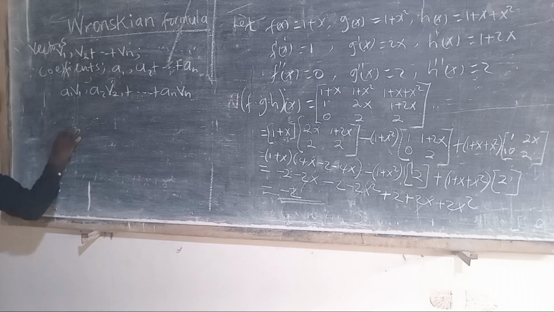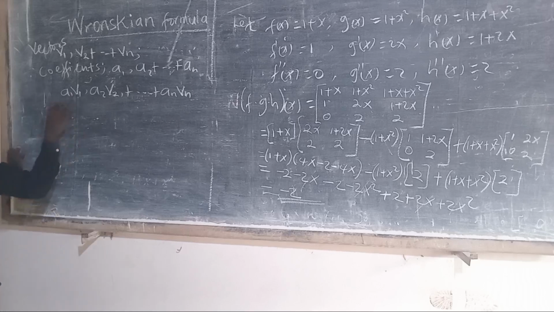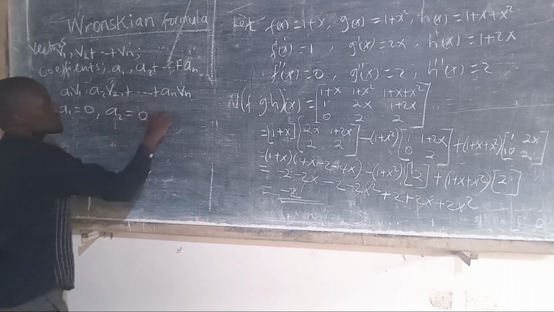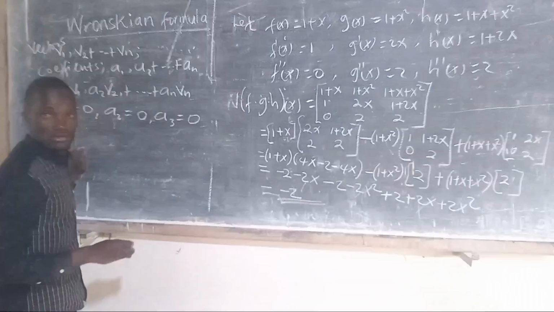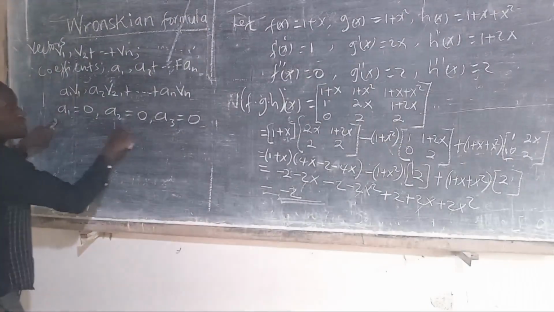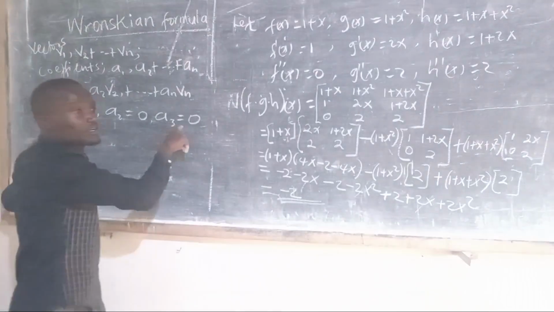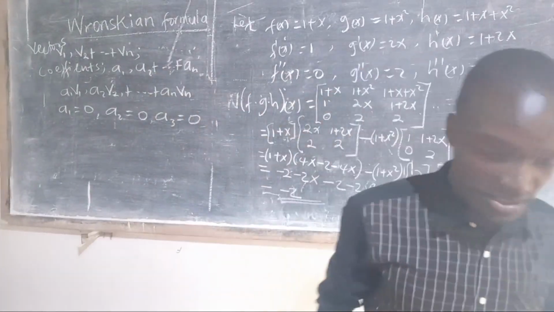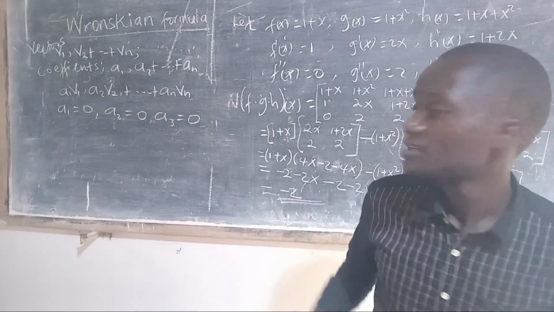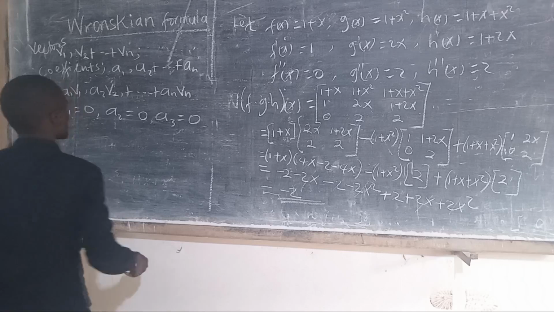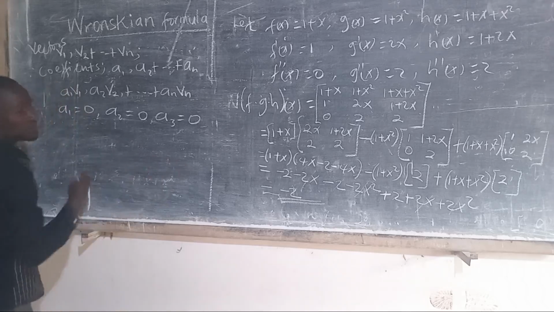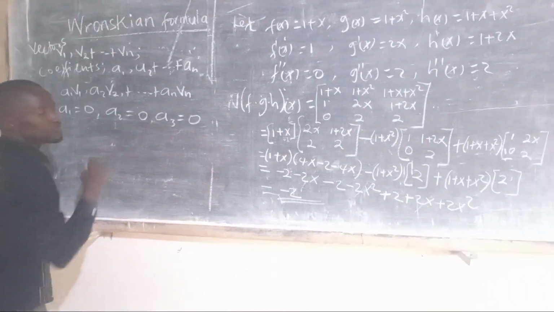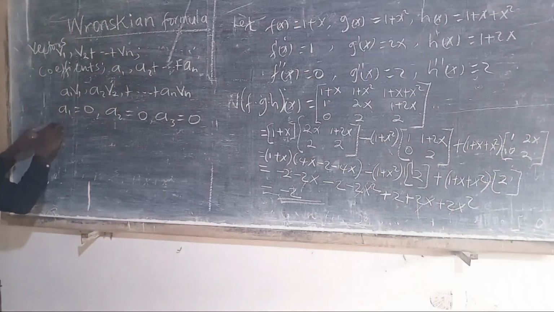For example, if we have the coefficients a1 equals 0, a2 equals 0, a3 equals 0, then we shall say this system is linearly independent.